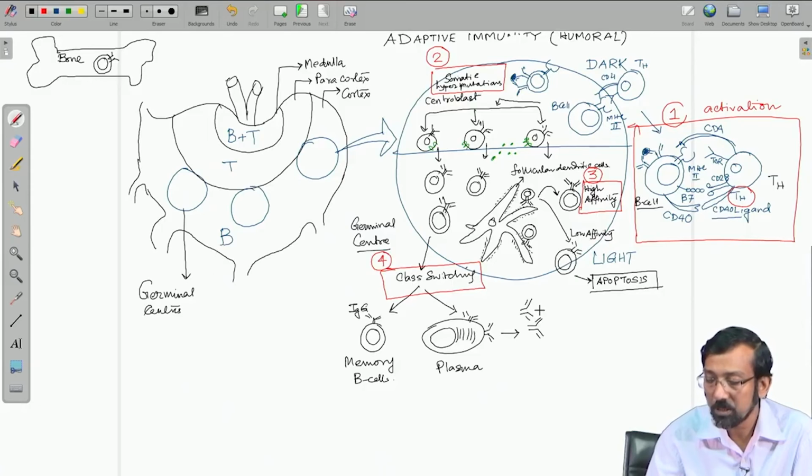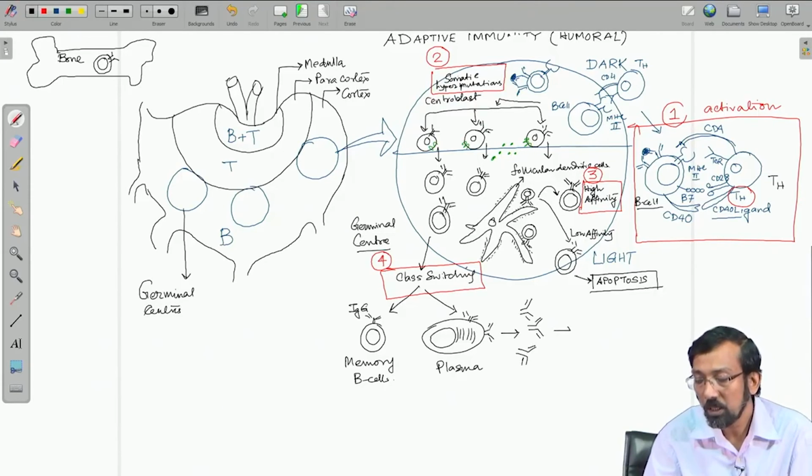These antibodies will now go to the site of action.